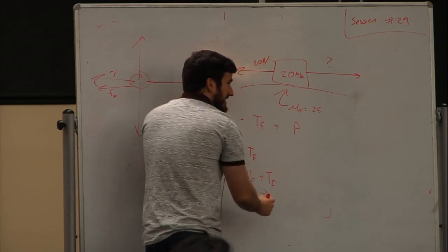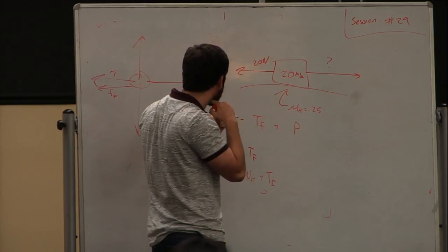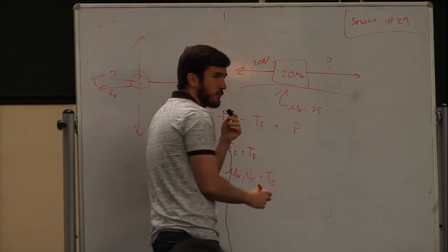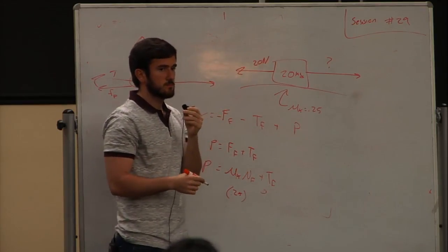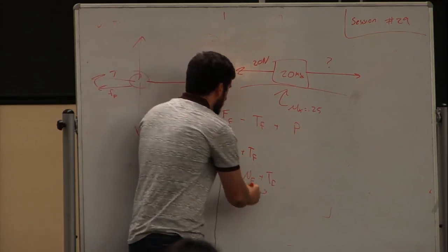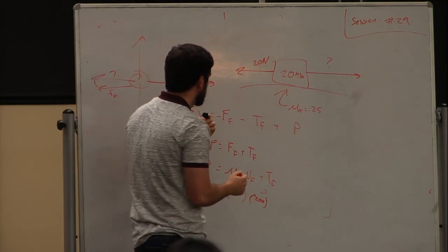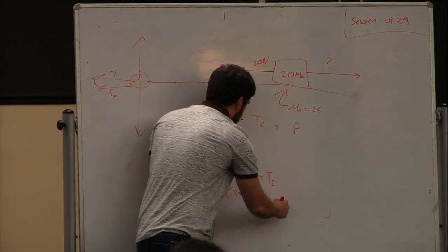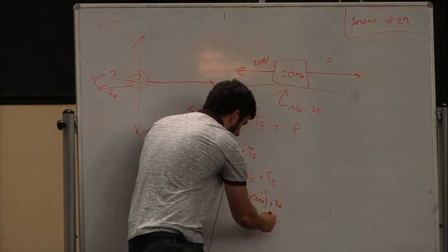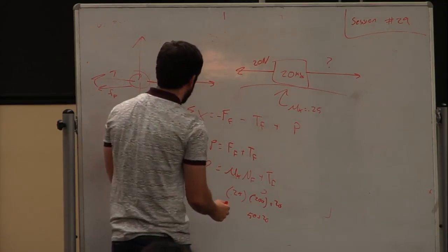Our normal force is roughly 200, 20 times 9.8, so I'm going to put 200. And our tension force is 20 newtons. So it's 50 plus 20, and you get pulling force is equal to 70. That's the amount of force you'd have to pull from the right side to get it to start moving.